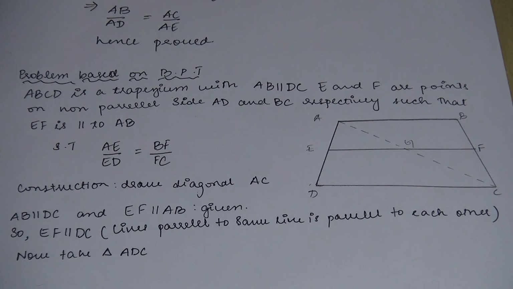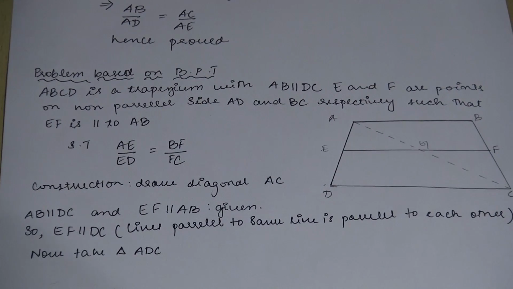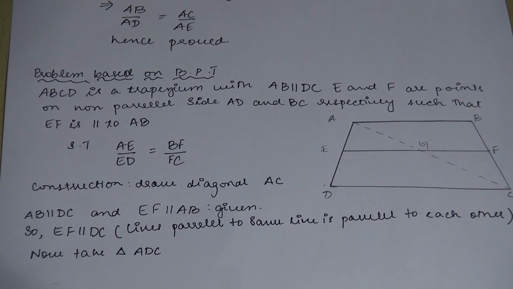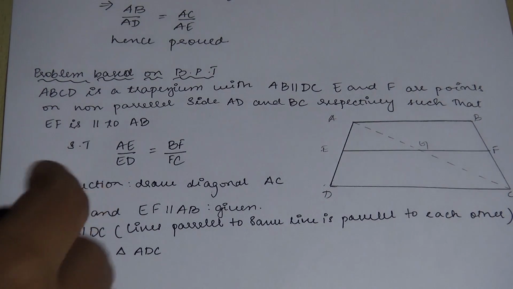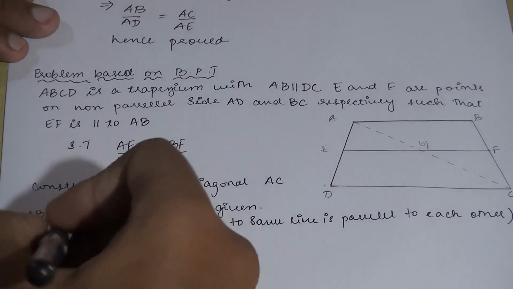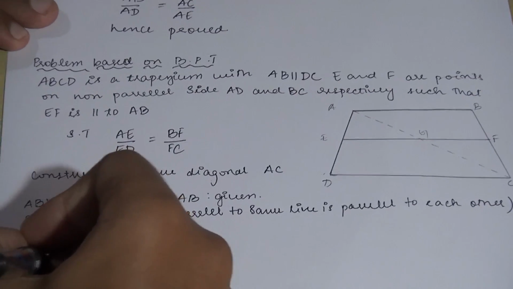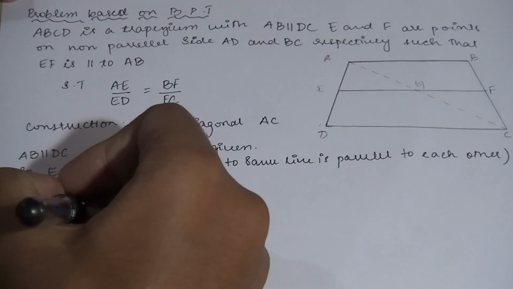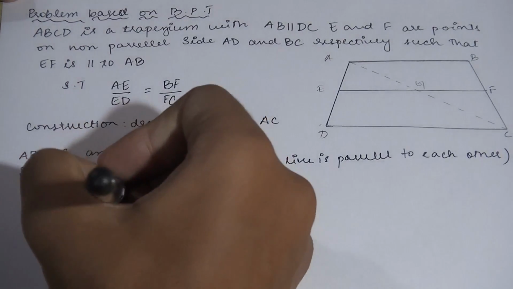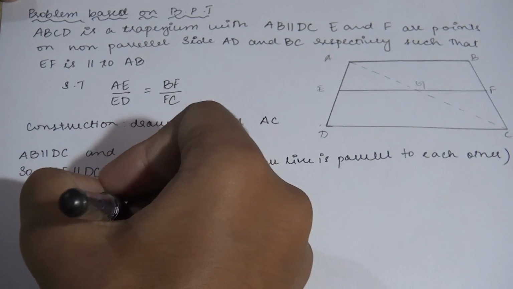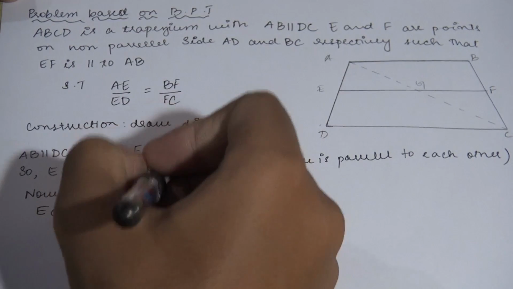AB is parallel to DC and EF is parallel to AB is given. So EF is parallel to DC. Lines parallel to the same line are parallel to each other. Now take triangle ADC. This is the proof. Now EG is parallel to DC as EF is parallel to DC.